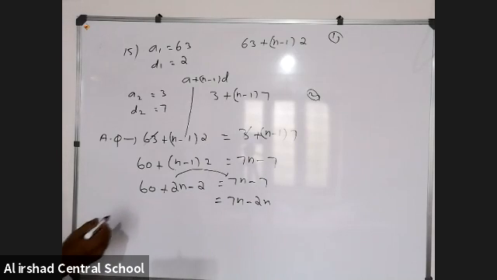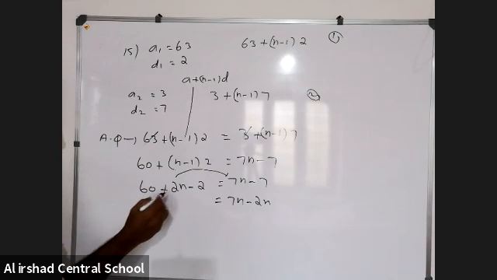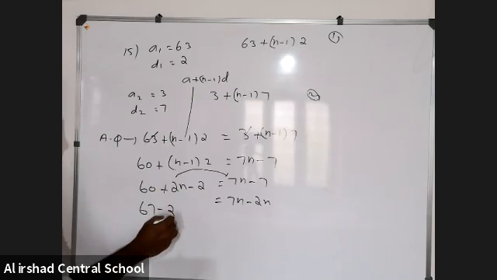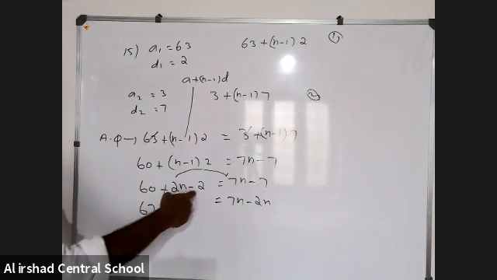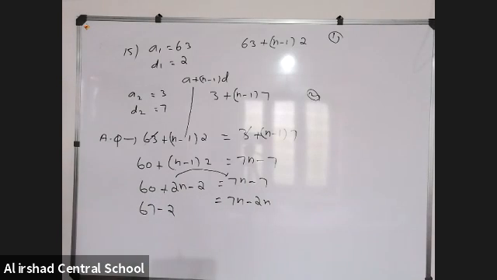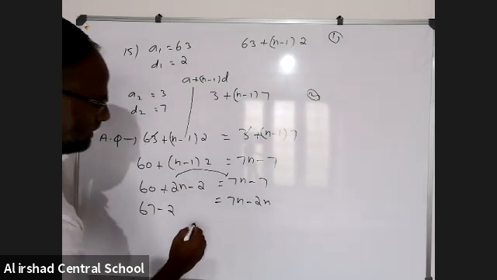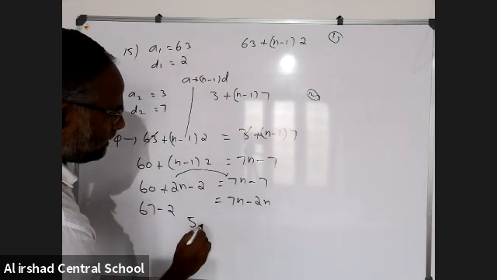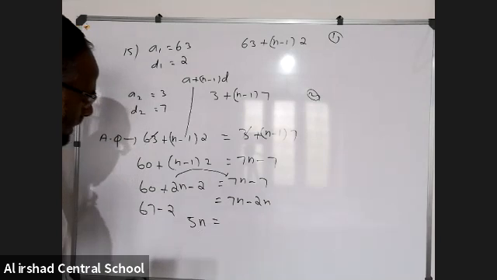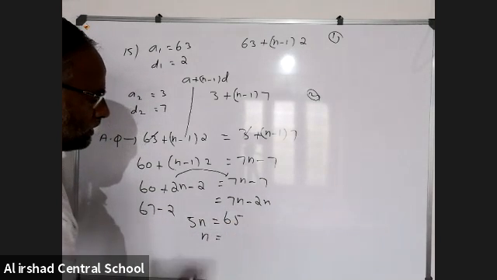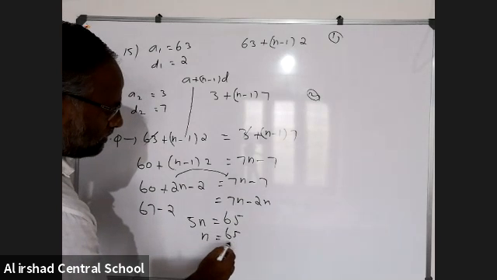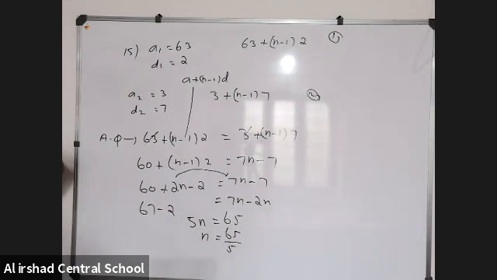That means 67 minus 2, 67 is here, plus 7, then minus 2 already there. So 7n minus 2n, that you can say 5n, is equal to 65.